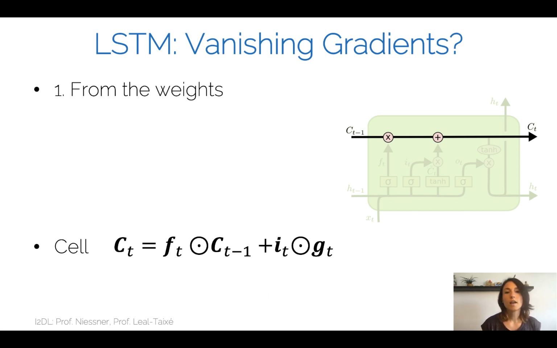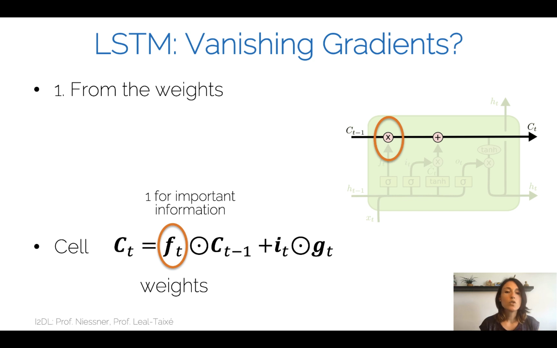So let's look at the first problem we had, vanishing gradients coming from the weights. If we look at the formula, the recurrence that we have is again in the forget gate. And ft are the weights that we're multiplying over and over and over again until we go from ct to c0, time step 0. But these weights are the output of a sigmoid, and they are going to be 1 for important information.